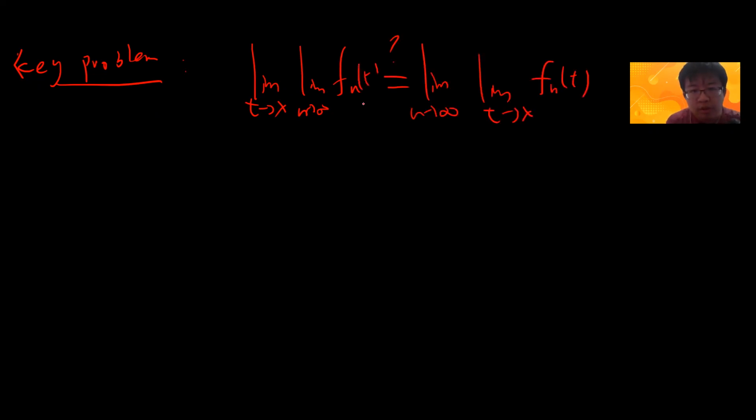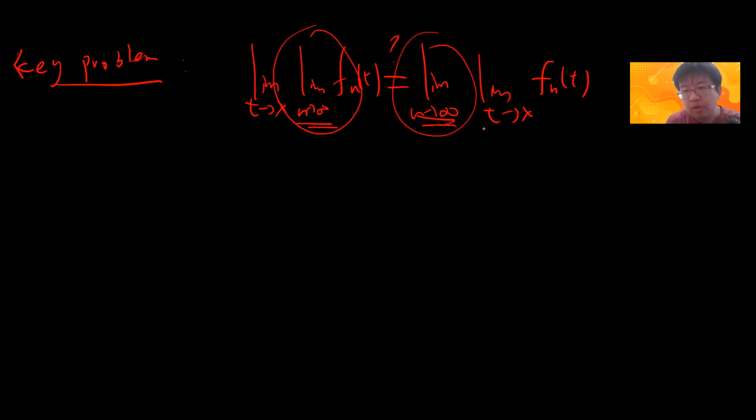This is very frustrating, because if you change the order of the limits, one is discrete and one is continuous, and this will fail.